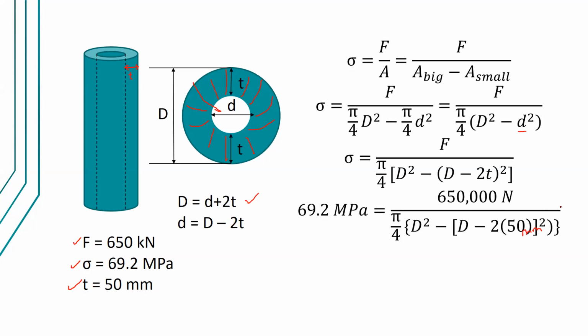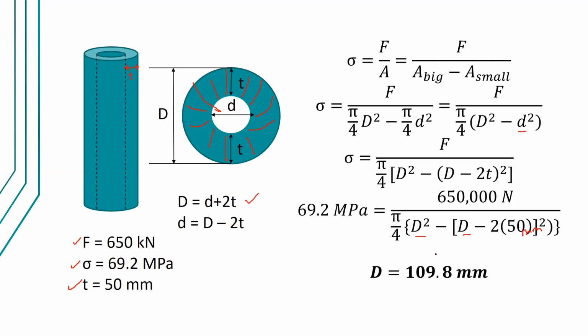And now the only unknown is D. You can use your calculators and you will find out that the big diameter is 109.8 millimeters. So if the thickness is 50 millimeters and twice that is 100 millimeters, meaning it will have a very small inner diameter.